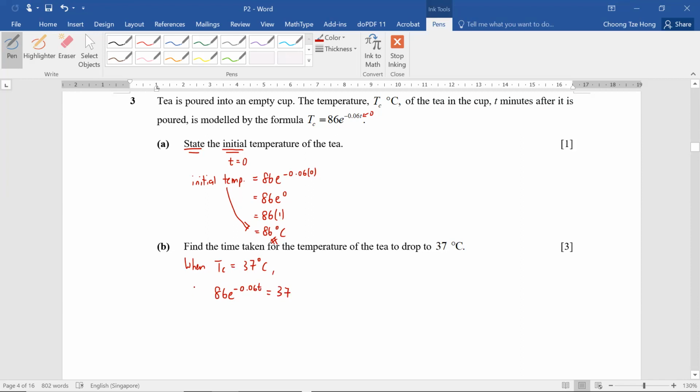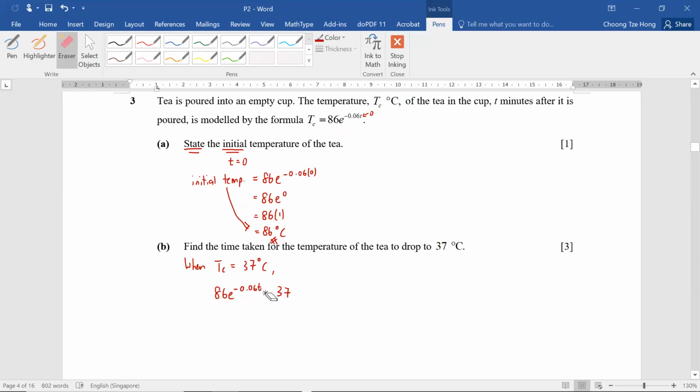The way to solve this kind of question is don't be tempted to straight away ln both sides. Always bring this 86 to the right side first before you ln both sides. Otherwise, later on the left side you would need to apply the product law, so we want to avoid doing that step.